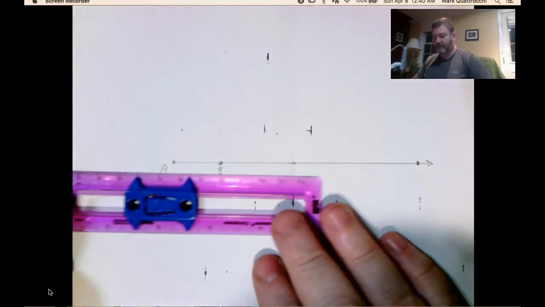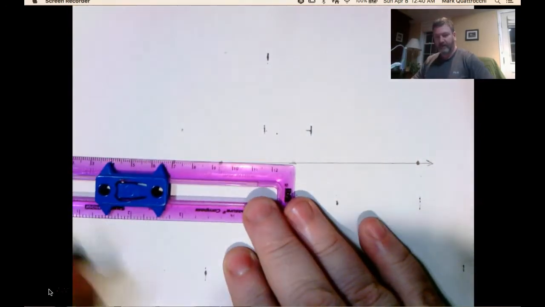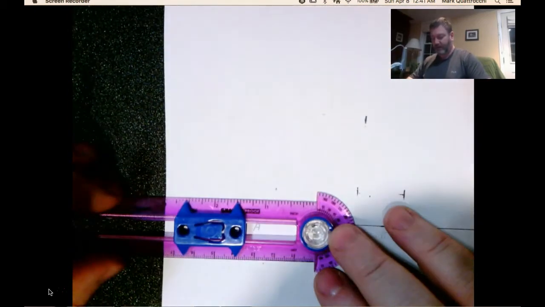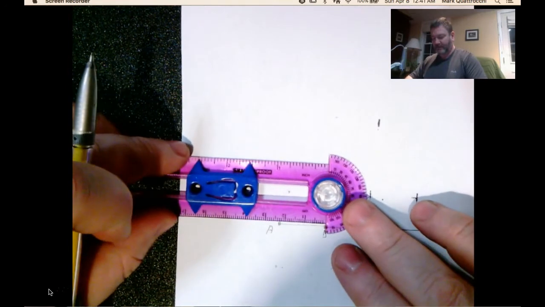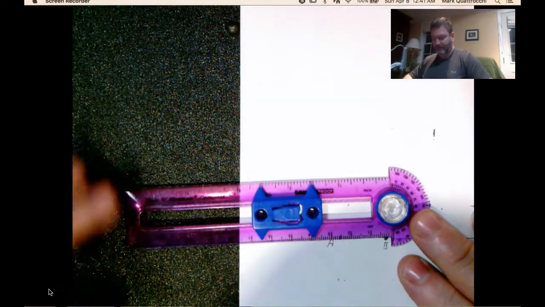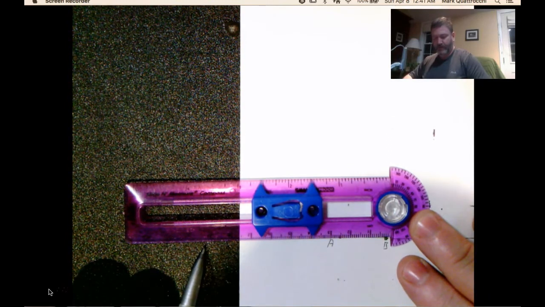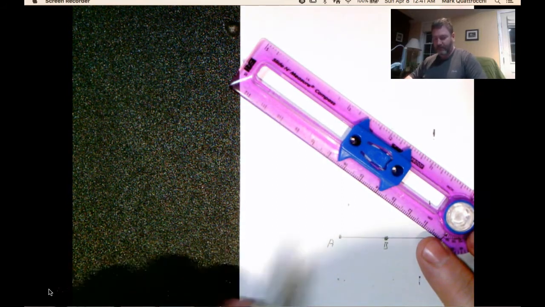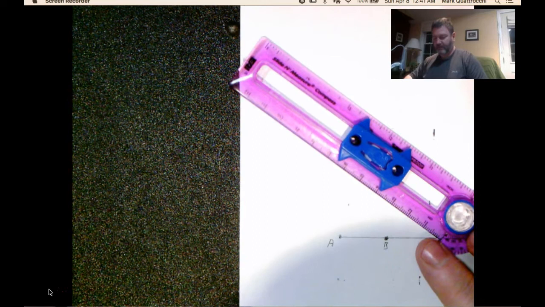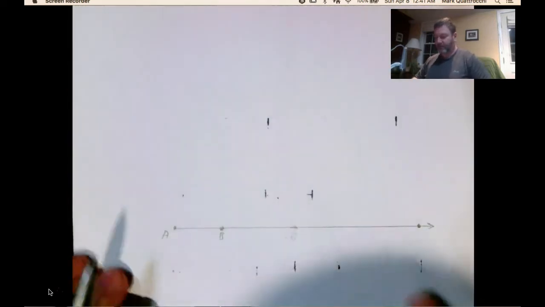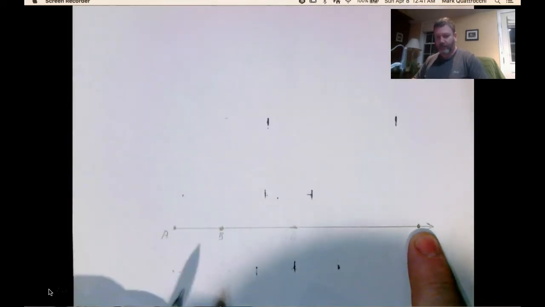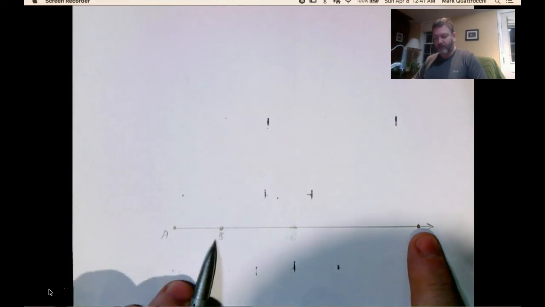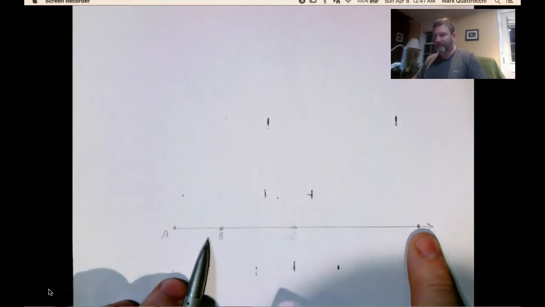If I go 10 centimeters to the other side, first of all, I'm off the paper, but it puts me right here, and there's no ray over here. The ray doesn't exist to the left of point A. So there's only one point when the length of AB is less than 10 centimeters.